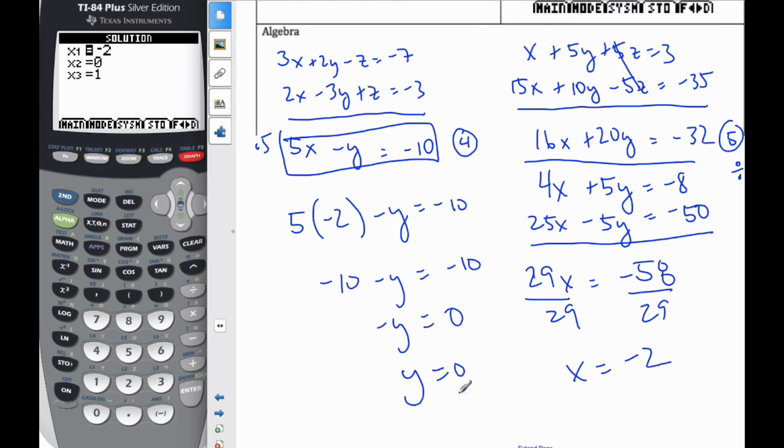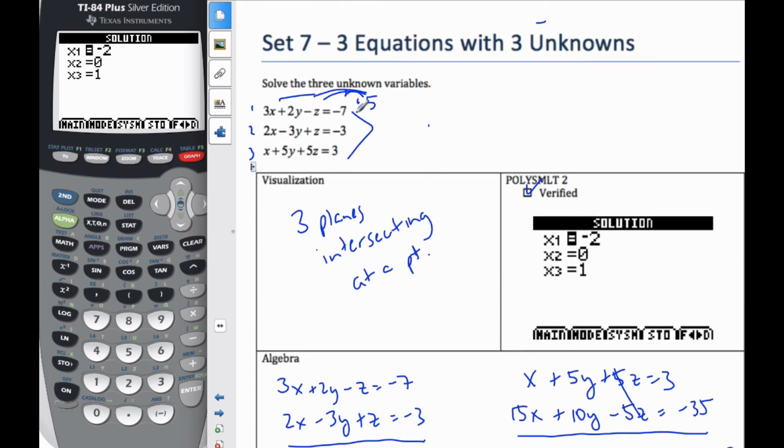So now that I have x and y, what am I going to do with these x and y? You're going to plug it into the equations up above to get the z value. Exactly. Do you care which one you use? No. Exactly. So I'm going to use the top one because it's on top. So 3x, I remember, was negative 2, plus 2y was 0, minus z is equal to negative 7.